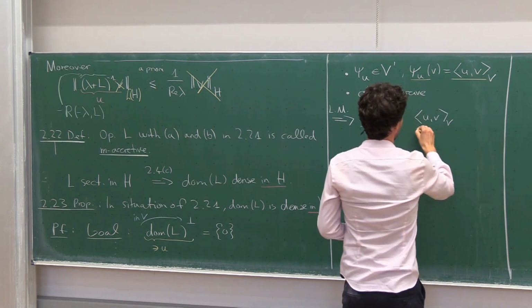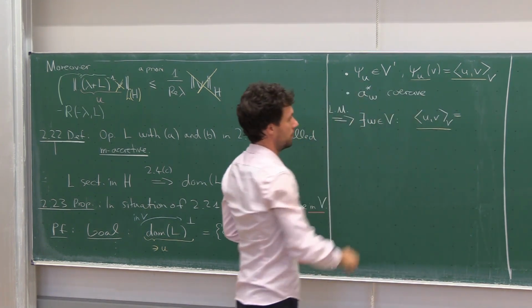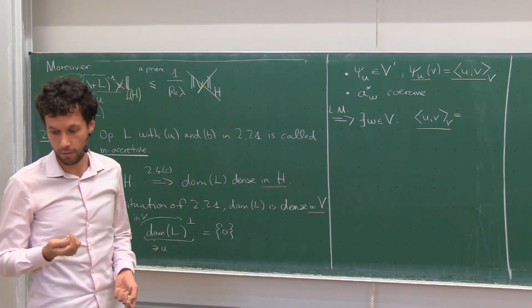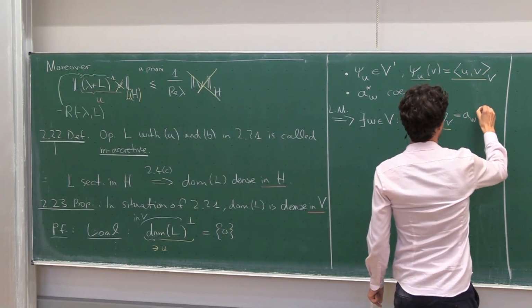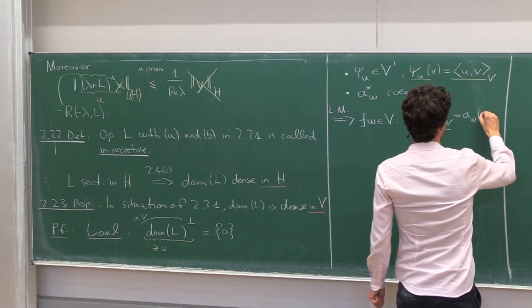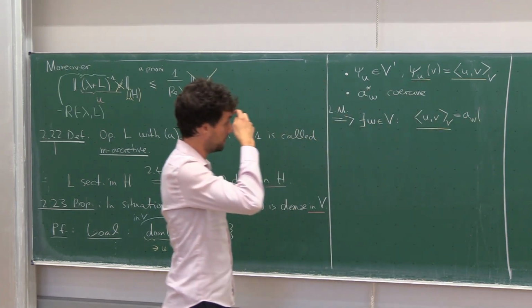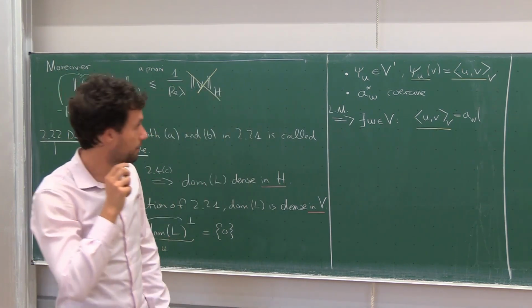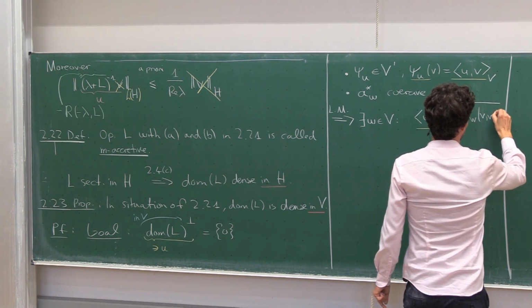I can represent the functional through this form, and writing out this form means it's A of v. Then there has to be a star, and there has to be a w and a v somewhere. So how is it? It's going to be complex. It's just a matter of putting complex conjugates.